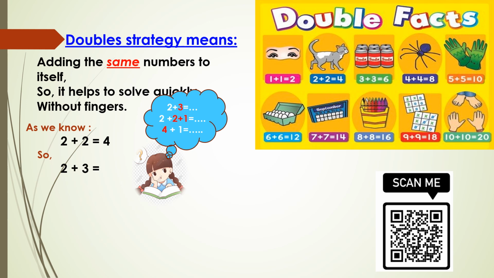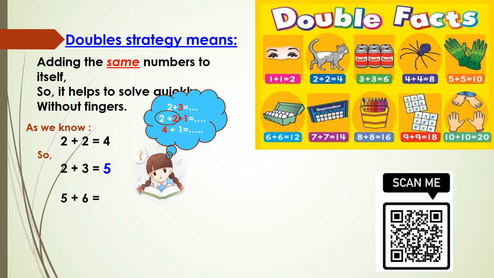So we have 2 plus 2 plus 1. 2 and 2 are doubles. 2 plus 2 equals 4. 4 plus 1 equals 5. So now we managed to solve 2 plus 3 using the doubles strategy.